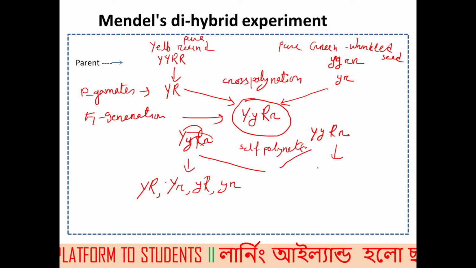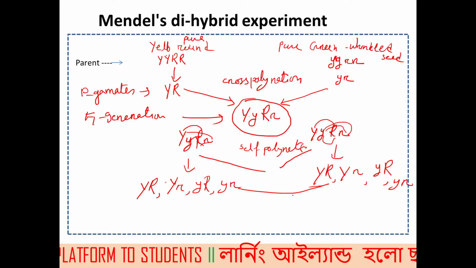Here we also get capital Y small r, because like this: capital Y, small r, capital R. Again capital Y, small r. How? This and this. Then small y, capital R. How? This and this. Then small y, small r. How? This and this.